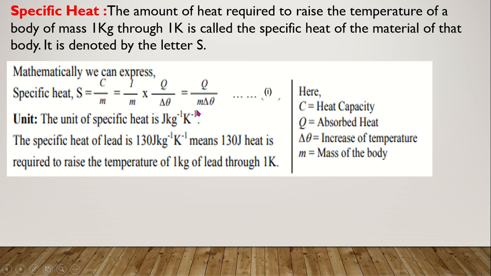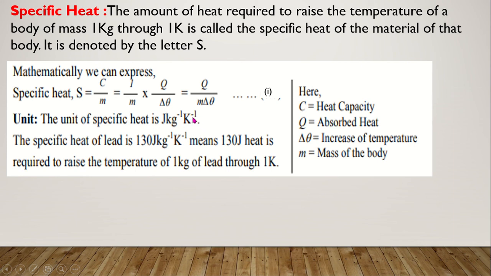This s will be multiplied with this m del theta, then it becomes q equal to ms del theta. So this formula you will require to find out the amount of heat when specific heat is given in the question. The unit of specific heat is joule per kg per Kelvin.